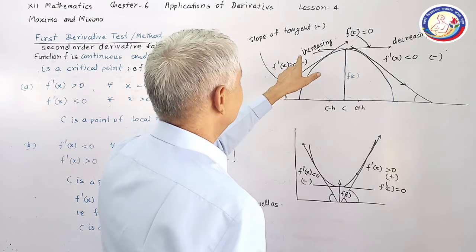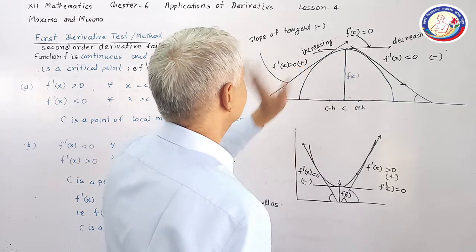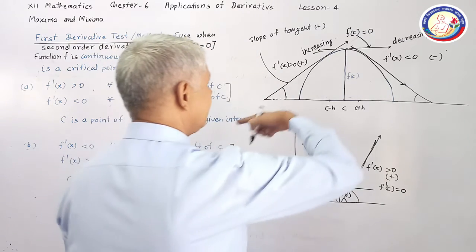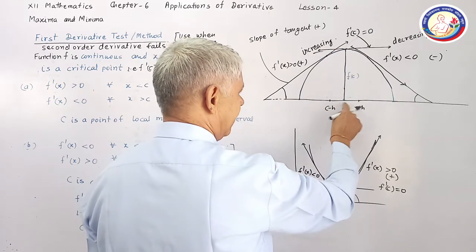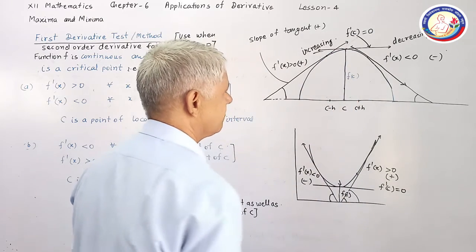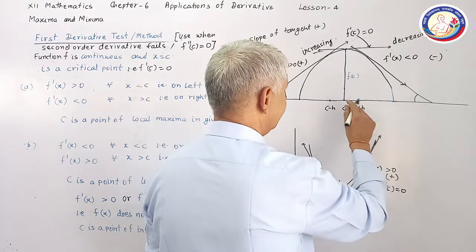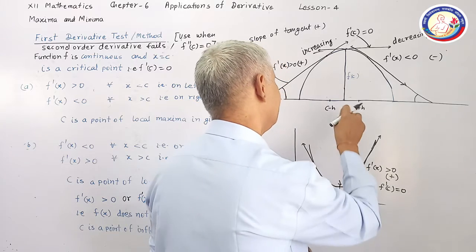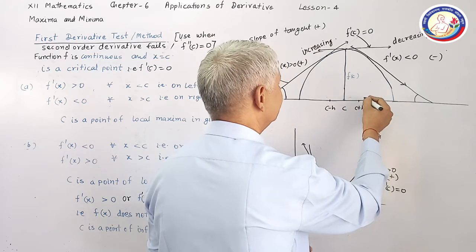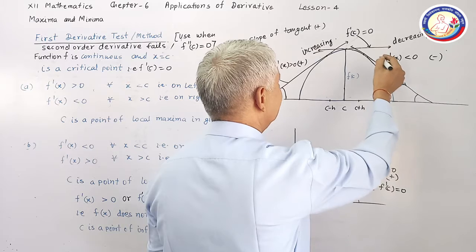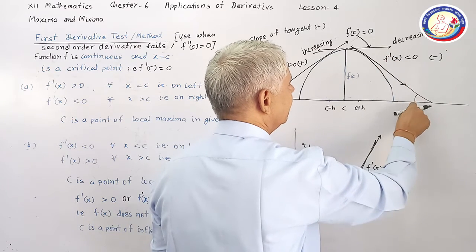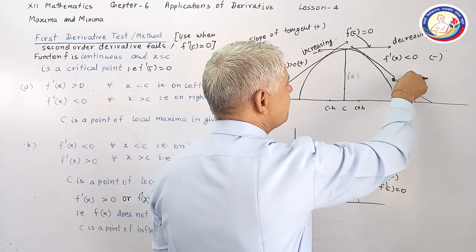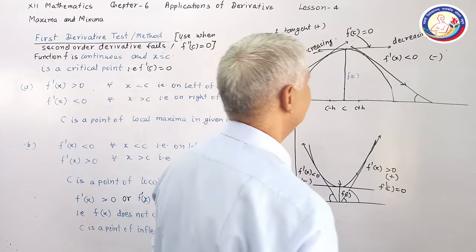The slope of the tangent will be positive. It means the function is increasing on the left of this point c. And if we proceed towards the right of c in the neighborhood of c and take any value, here the tangent is making a negative angle with the x-axis, then the slope of the tangent will be negative. It means the function will be decreasing.